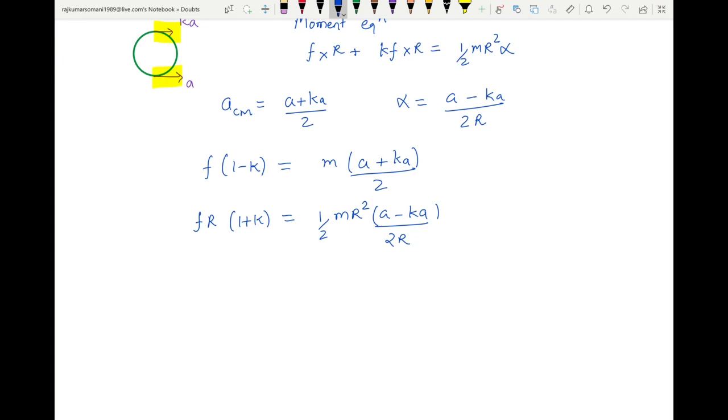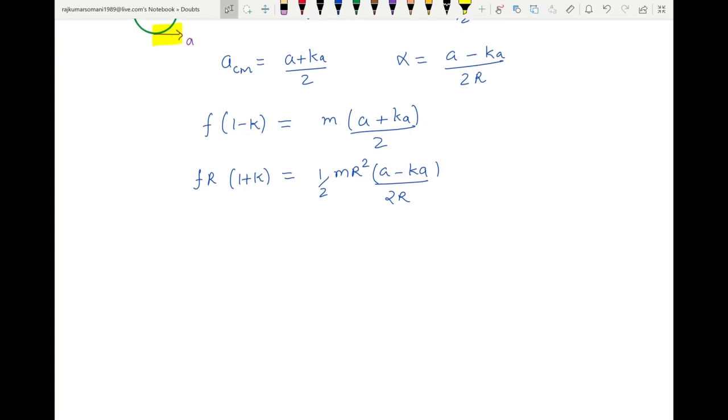Now these equations have two unknowns: first is friction, second is the factor K. I can divide these two equations to find K.